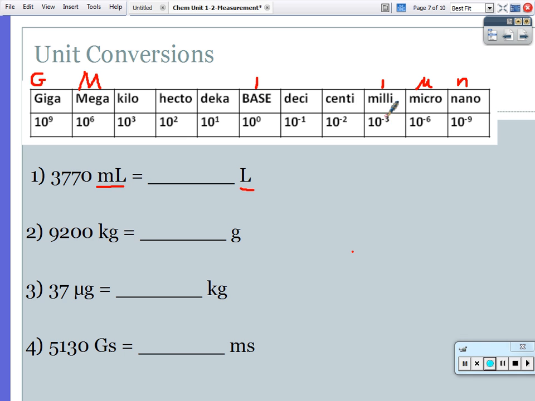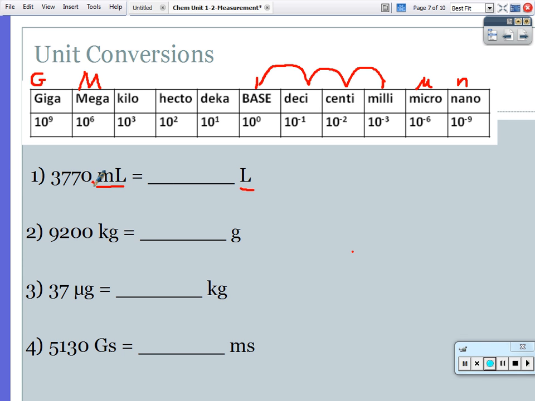So if I remember the table, I'm going to move to the left 1, 2, 3 spots. It's like jumping. 1, 2, 3. And when I say jumping, what I'm actually moving is the decimal. So the decimal is right here.